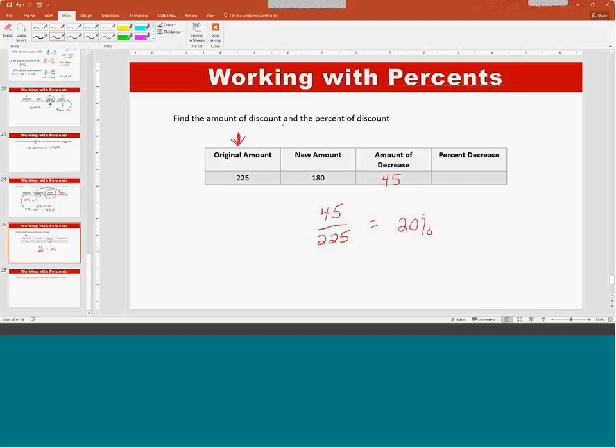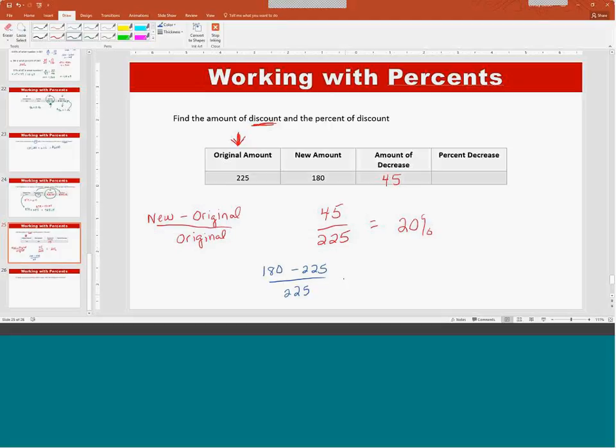Remember this: when you're looking at discounts or markups, increase or decrease, you're going to take the new amount and subtract the original, and then you're going to compare it to the original. Here we would say 180, the amount, minus the original amount, and divide that by the original amount.